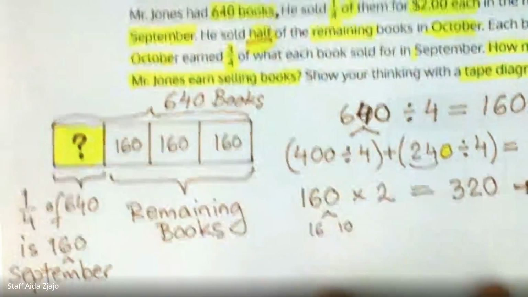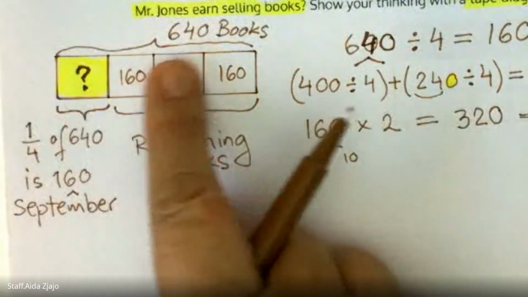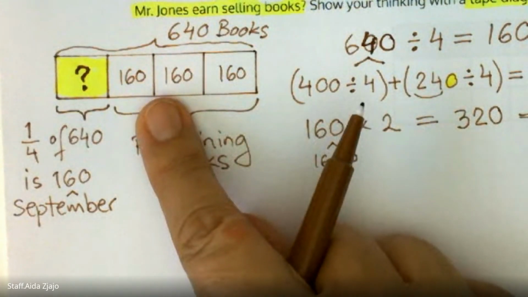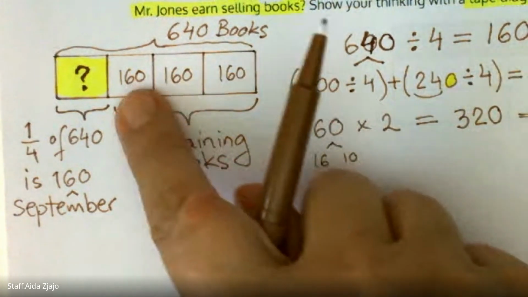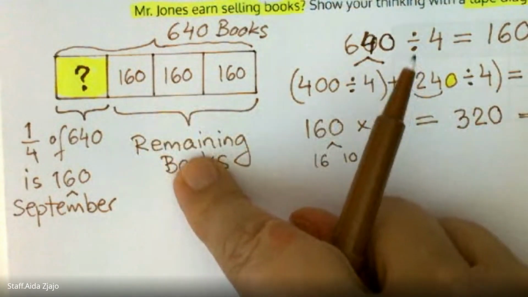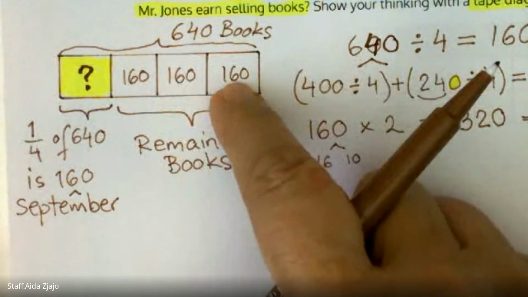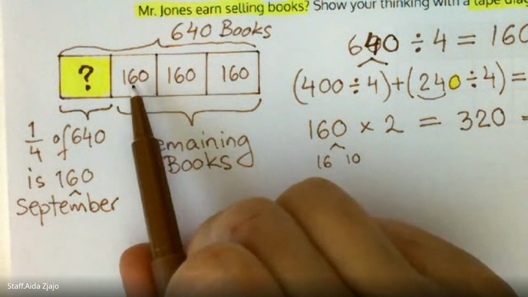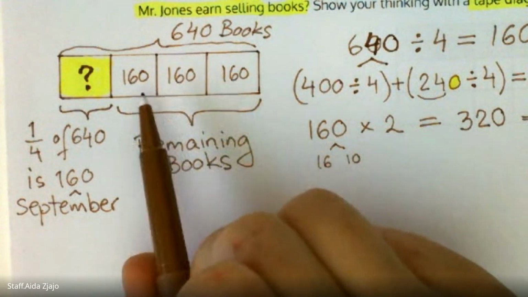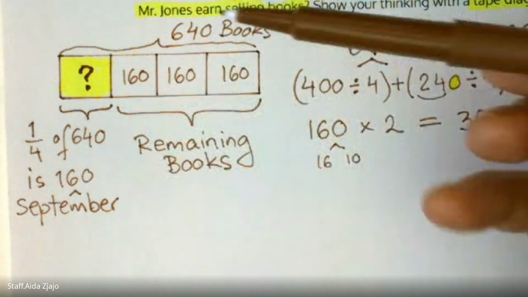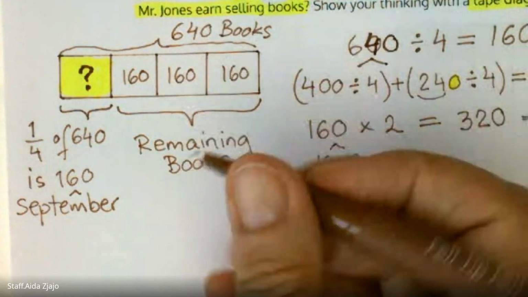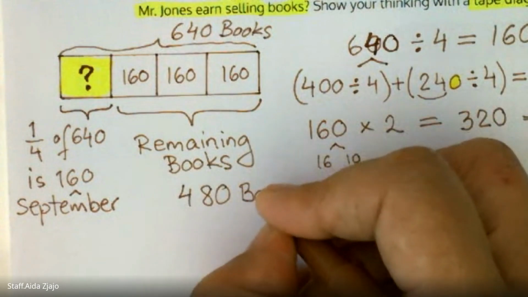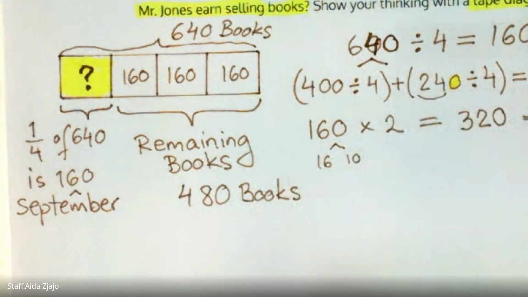Because each 1/4 of the 640 represents 160, it's easy to figure out how many books are remaining. 160 plus 160 plus 160: 100, 200, 300, and then 3 times 6 is 18, so 180. That's 480 books remaining.